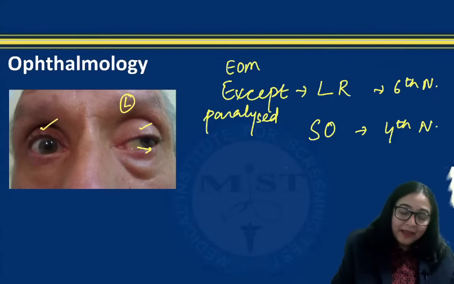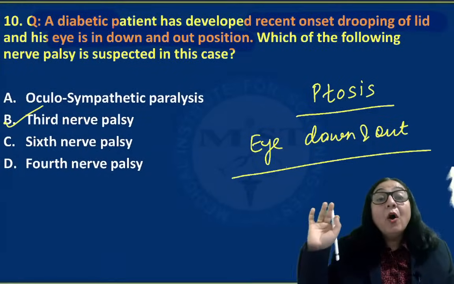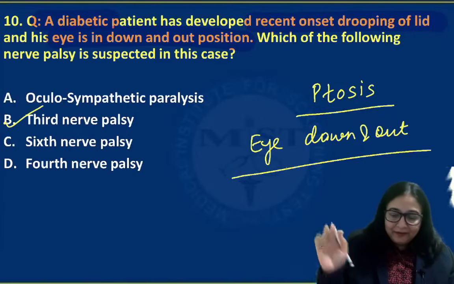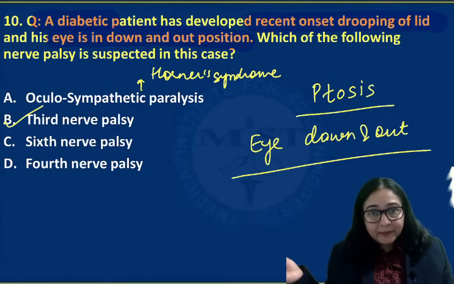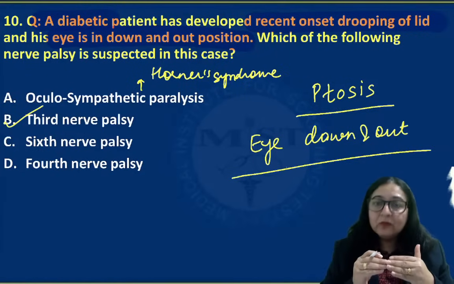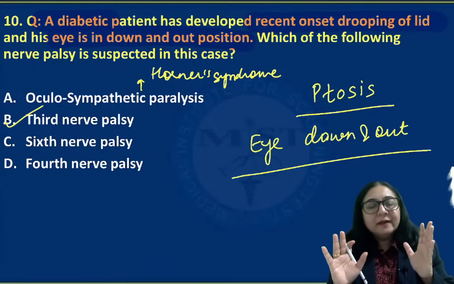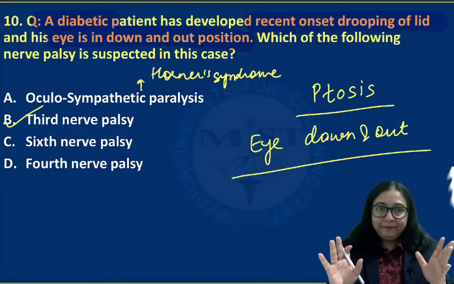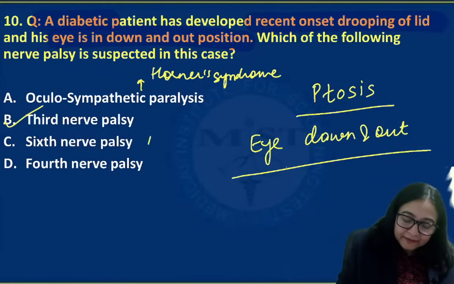Very nice. Okay. Coming to the other choices, just to have additional information, oculosympathetic paralysis is what you see in Horner syndrome. So in Horner syndrome, the oculosympathetic paralysis is there, due to which there is weakness of the Müller muscle. So again, you will get mild ptosis, but other extraocular muscle action will be normal. In sixth nerve palsy, it will be lateral rectus palsy.